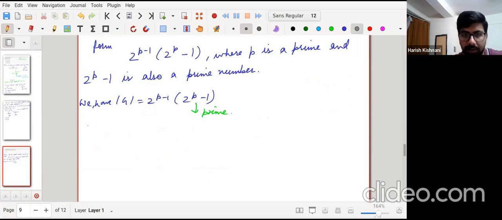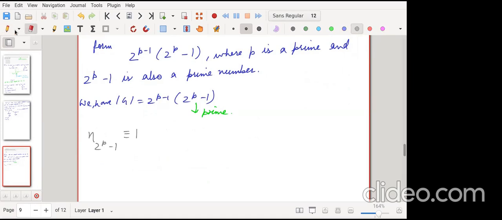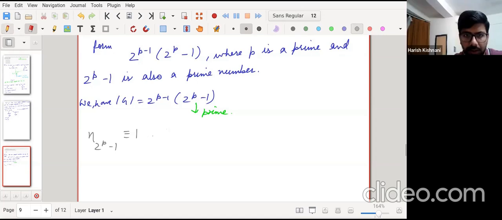So n_(2^p - 1) is congruent to 1 modulo 2^p - 1. Yes, thank you Shalini, at least you are awake.